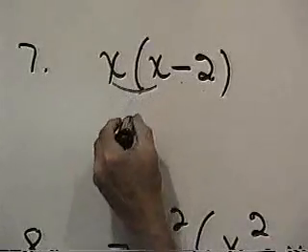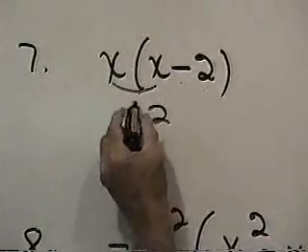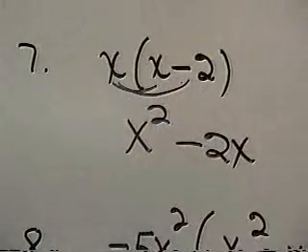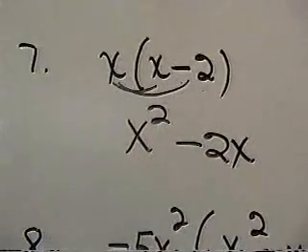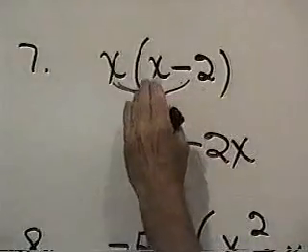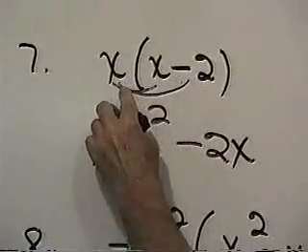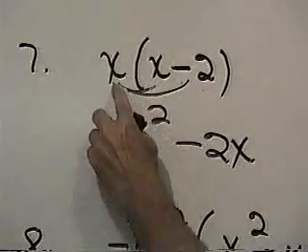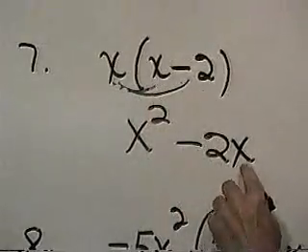So what is x times x? That's x squared. What is x times a minus 2? That's a minus 2 times x. So to remove parentheses, you multiply everything inside by what's directly in front. X times x is x squared, and then x times a minus 2 is a minus 2x.